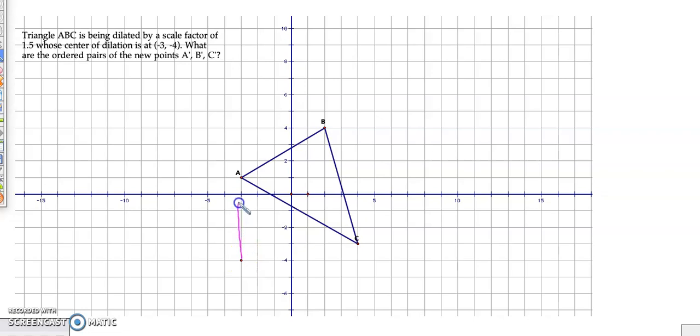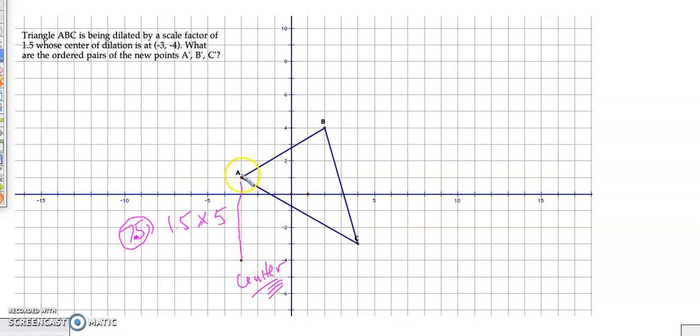And when we go up, we know that we're going to be going up 1, 2, 3, 4, 5. And then if the scale factor is 1.5, like we did with the lines, we would multiply that by 1.5 to get 7.5. So we are going to be going 7.5 units up from our center because everything comes from the center. So from here, we're going up.